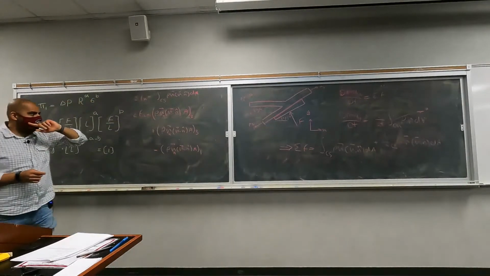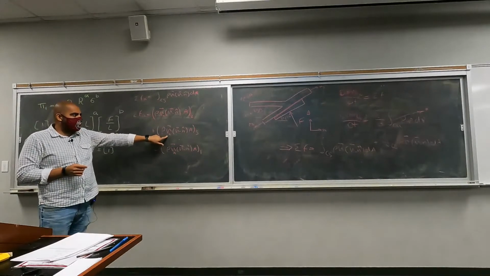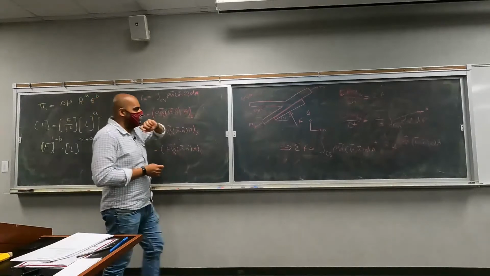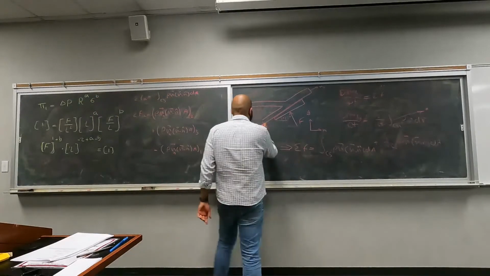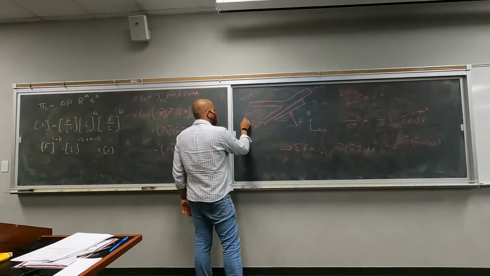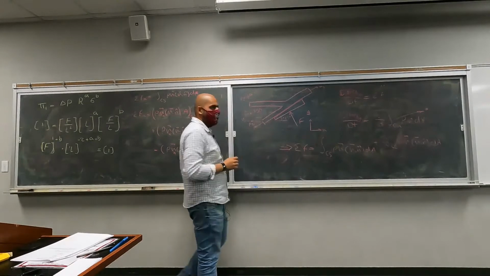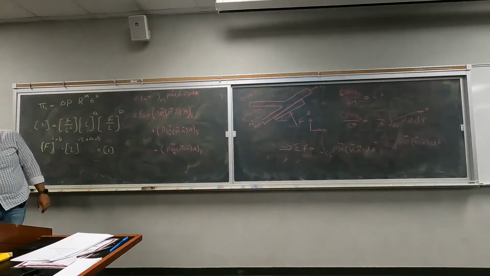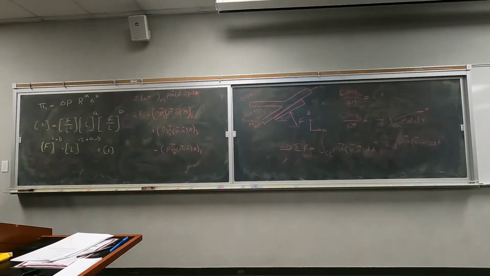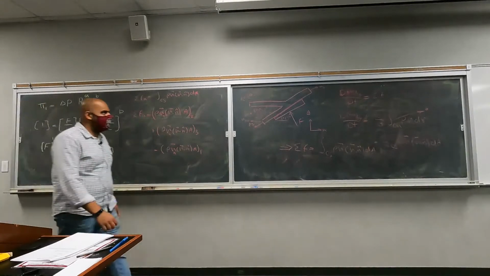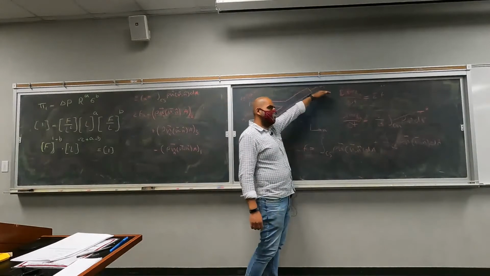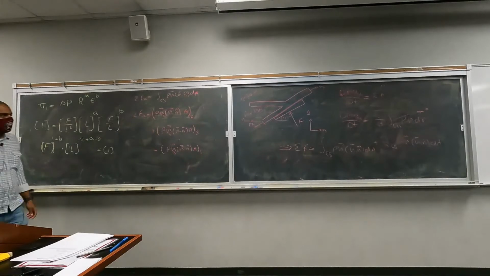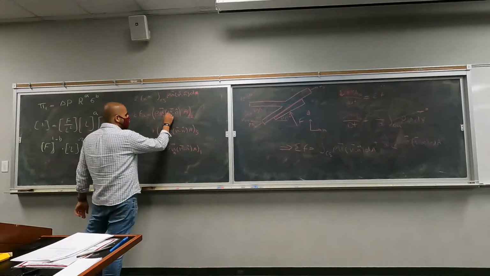Then we have vx2, which is going to be this component of velocity, vx2 cosine of 45. And here we have vx3 cosine of 45. You can just plug all of those in here.